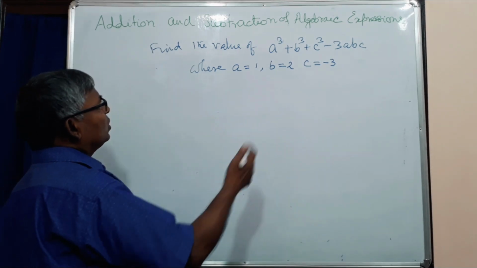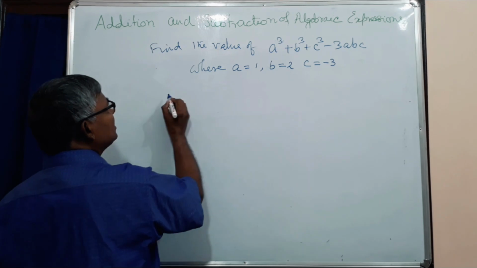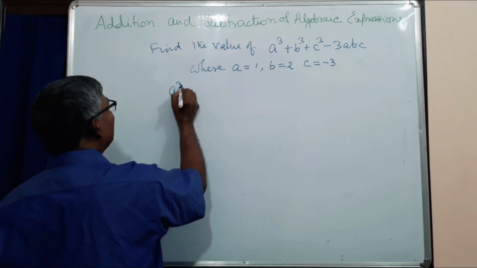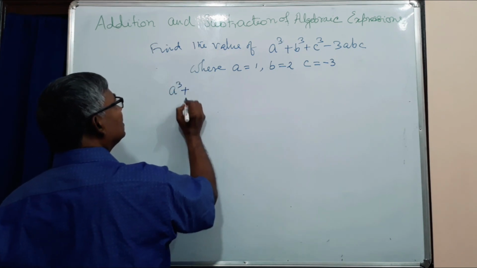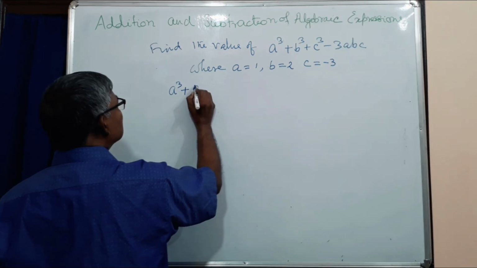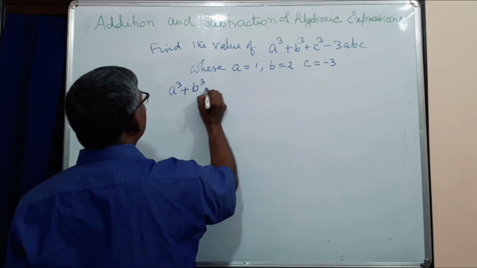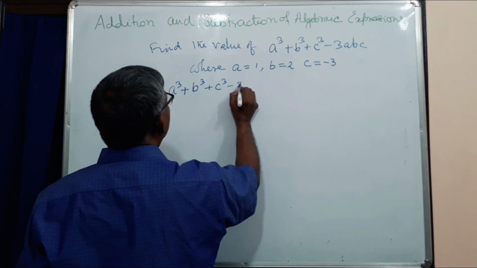So you see what is the expression? a cube plus b cube plus c cube minus 3abc.